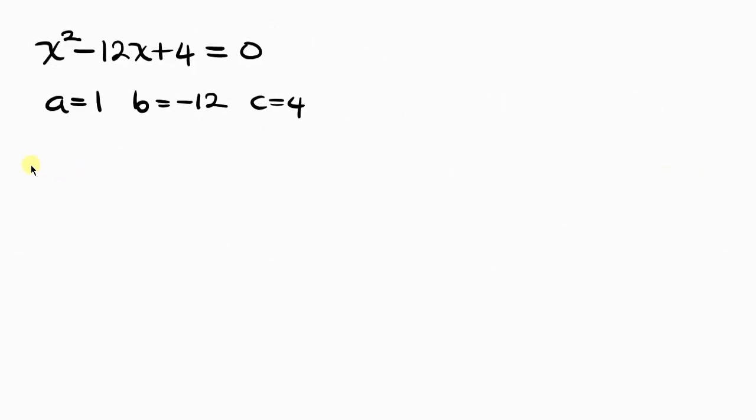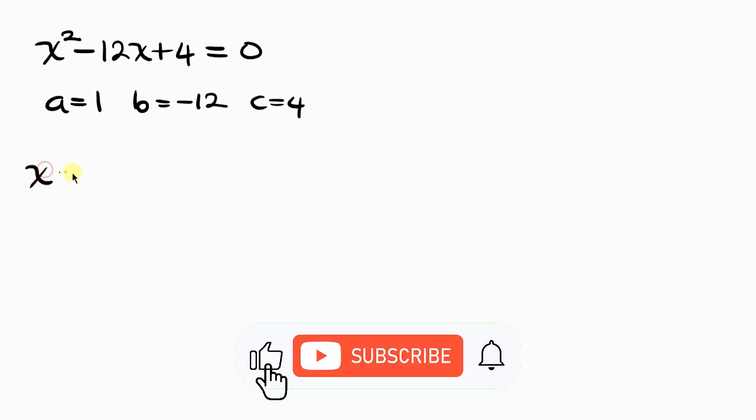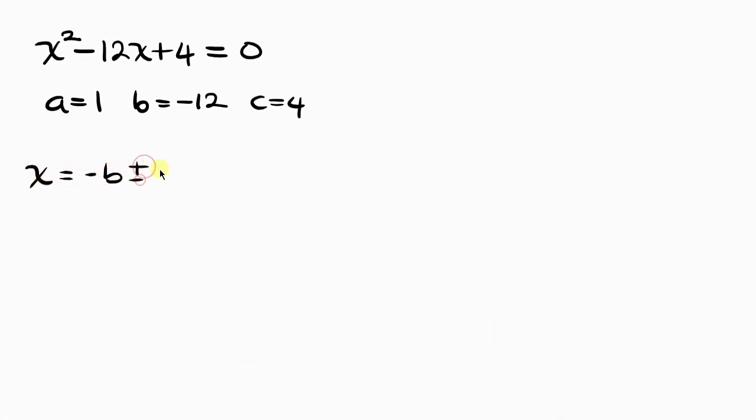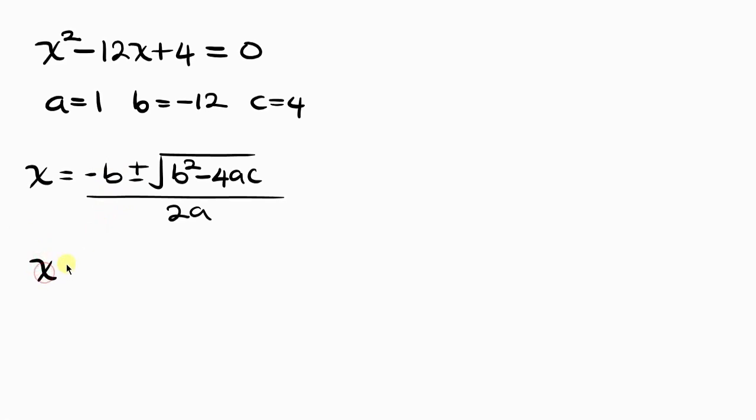So the quadratic formula is, we're looking for x. So x is equal to negative b plus or minus the square root of b squared minus 4ac all over 2a. So on substituting, we have x to be equal to negative b.